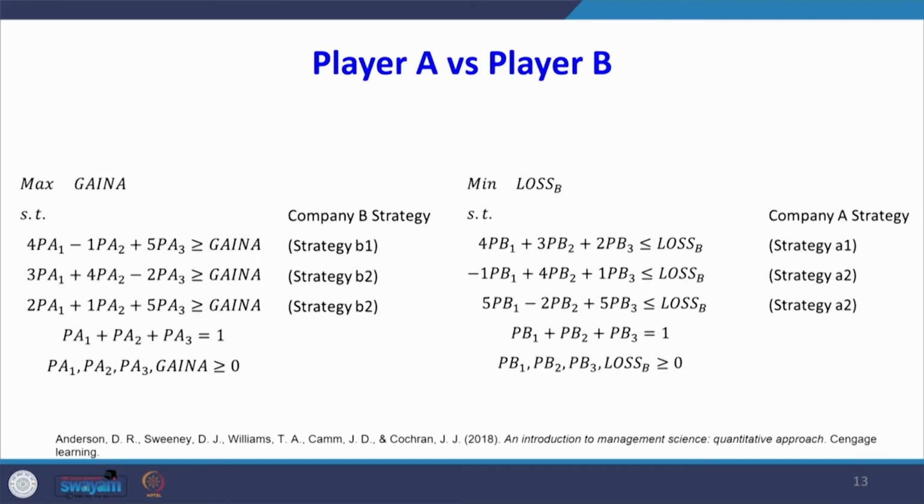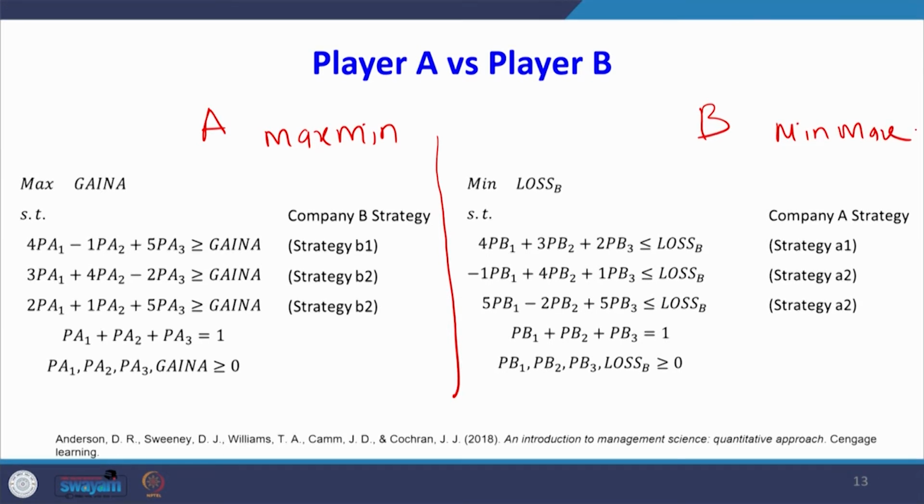Now, I have brought the linear programming formulations into the same slide for comparison purposes, from player A's perspective and player B's perspective. Player A will follow the maximin strategy, player B will follow the minimax strategy.